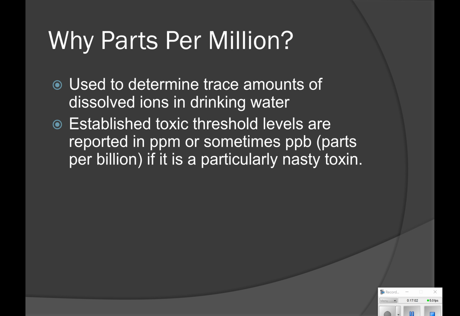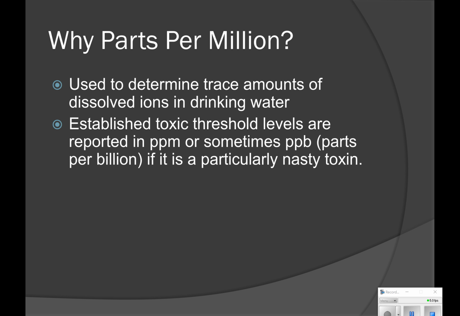They're also used to establish toxic threshold levels that are usually reported in parts per million, or sometimes parts per billion if it is a particularly nasty toxin, which gives us a much finer scale, I guess.